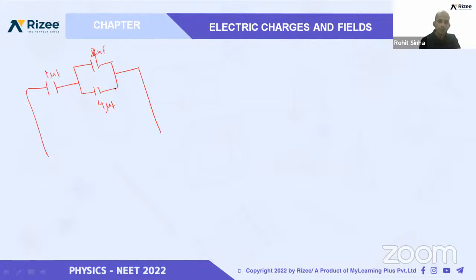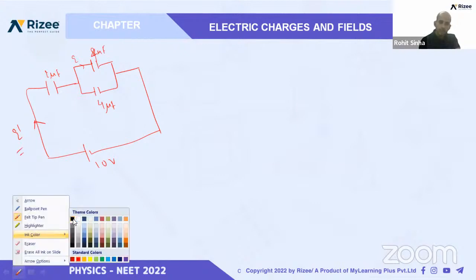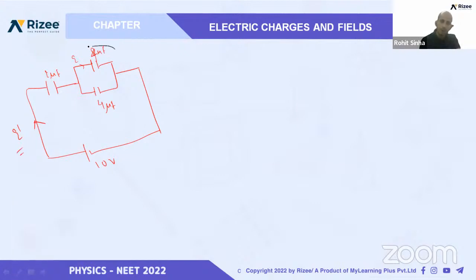Okay, first of all we have to find the charge here. Before finding that charge, we will find the charge flowing through the circuit here, first of all Q dash. After that we will go here. To find this charge, we find the equivalent capacitance of the arrangement. To find the equivalent capacitance, we take the combination of these two capacitances.